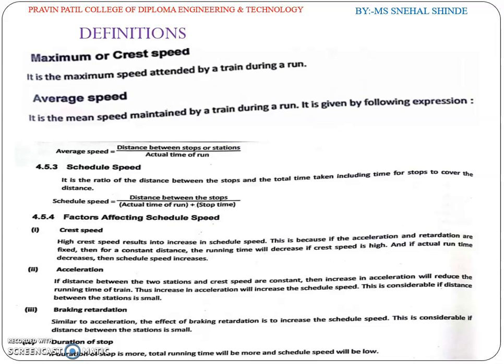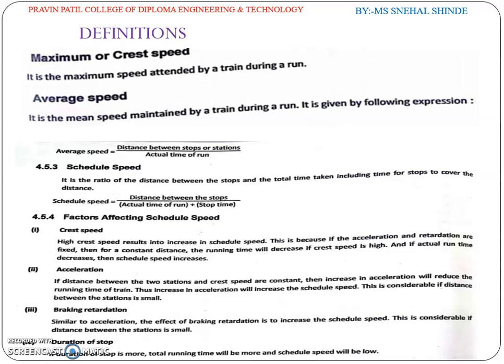Here are the definitions of the maximum or crest speed and the average speed. Maximum or crest speed is the maximum speed attained by a train during a run.